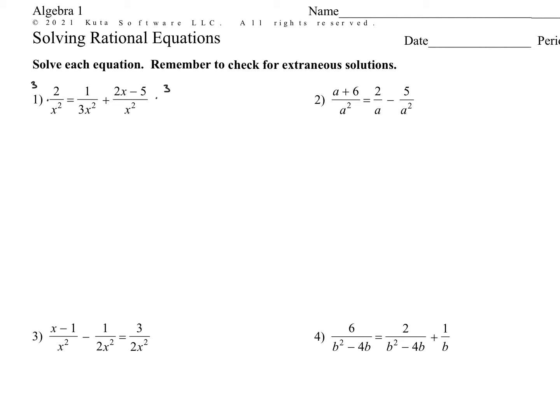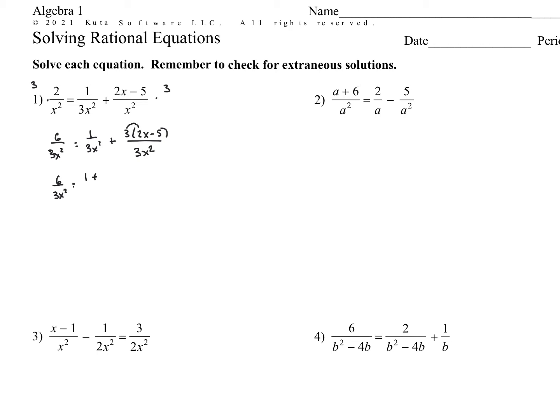Let's erase that. So now I have 6 over 3x squared, 1 over 3x squared, plus 3 times 2x minus 5 over 3x squared. Okay, now that everything's over a common denominator, I can go ahead and add those fractions.